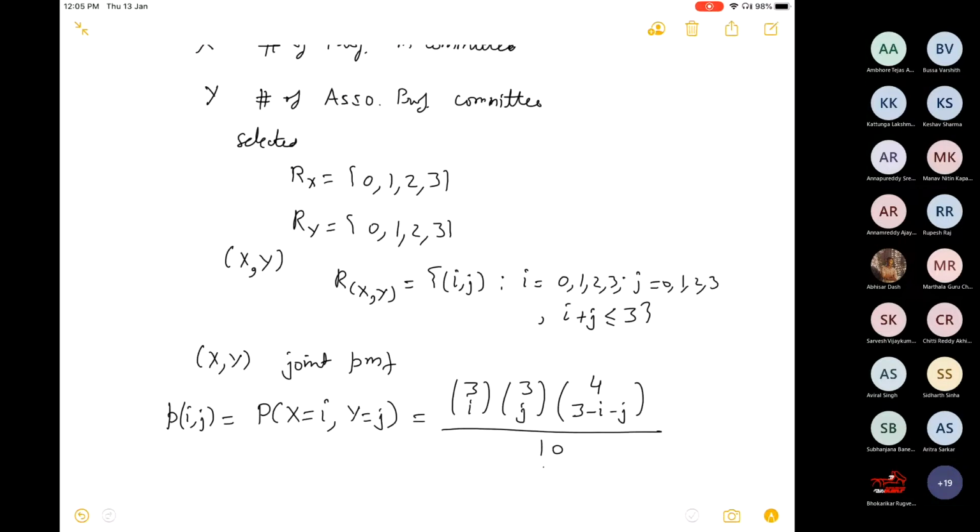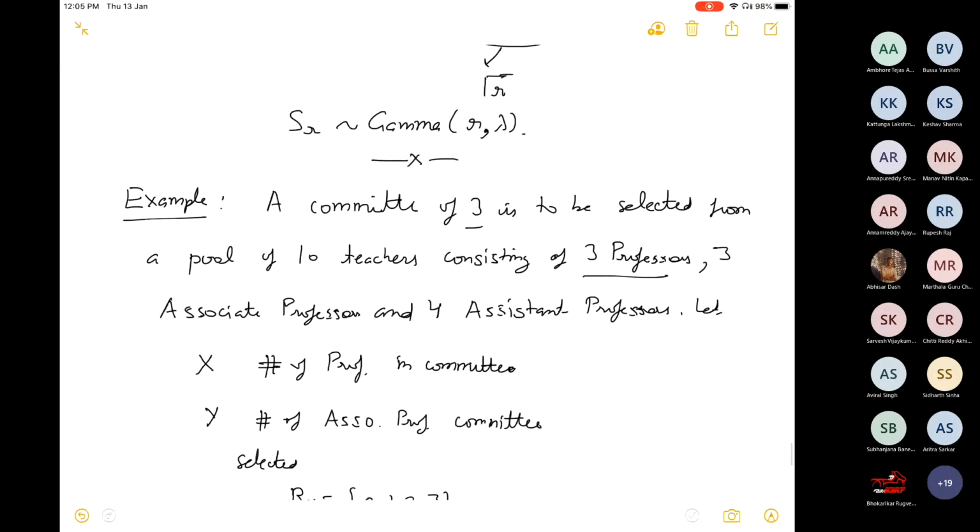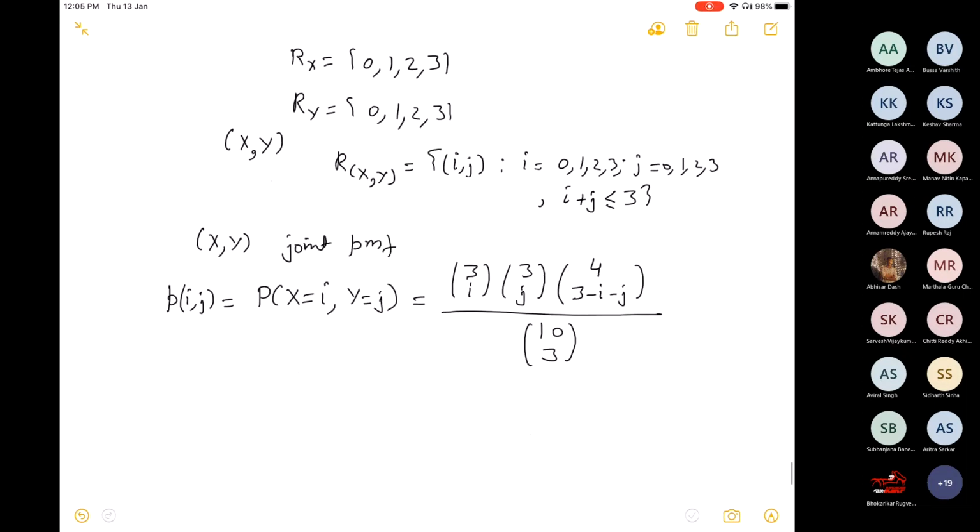Out of 10, we are selecting 3, because 4 plus 3 plus 3 is 10. This holds such that i plus j is less than or equal to 3, and i and j take the values 0, 1, 2, 3. So this is the joint probability mass function.